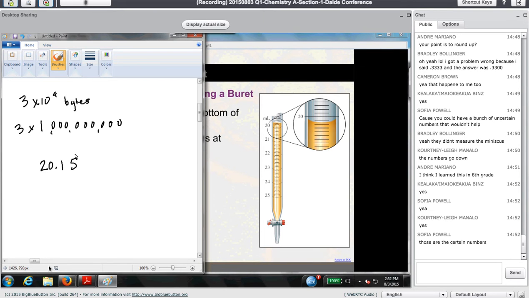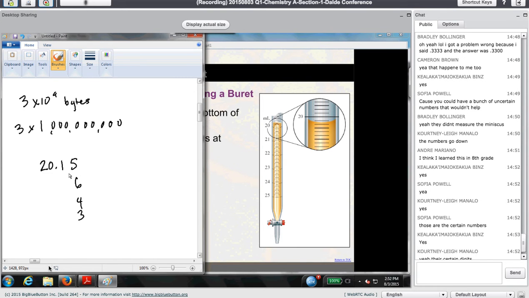Some people could say it's 20.6, or 20.4 or 20.3. I don't know. Or 20.16 or 20.14 or 20.13. Does that make sense? So the point I'm trying to make is you can't measure it past this number right here.